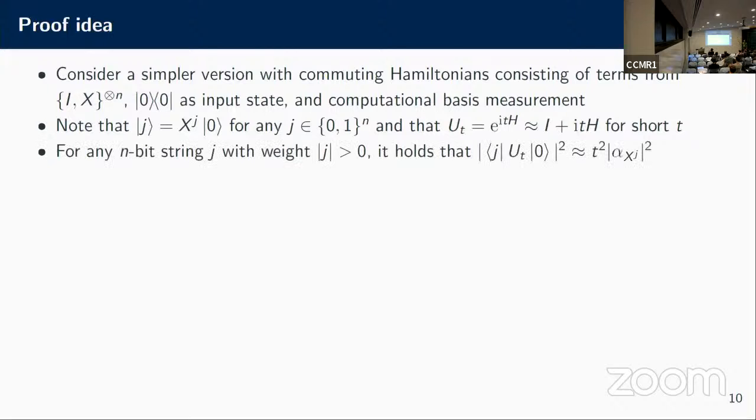So if you do that, then for any n-bit string j with positive weight, it holds that the transition matrix squared is basically of order t squared times the coefficient. And now, if you assume that H is indeed k-local, then all of the alphas are 0 with too large weight.